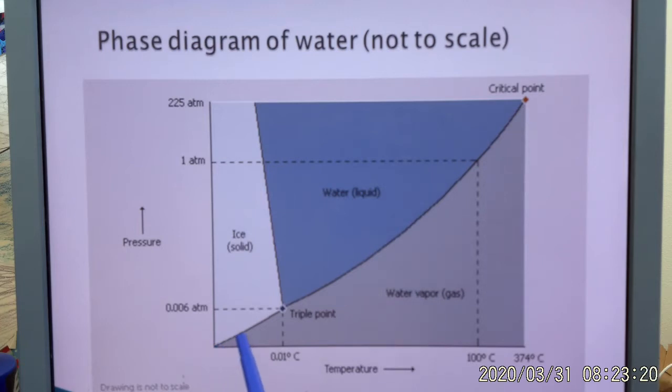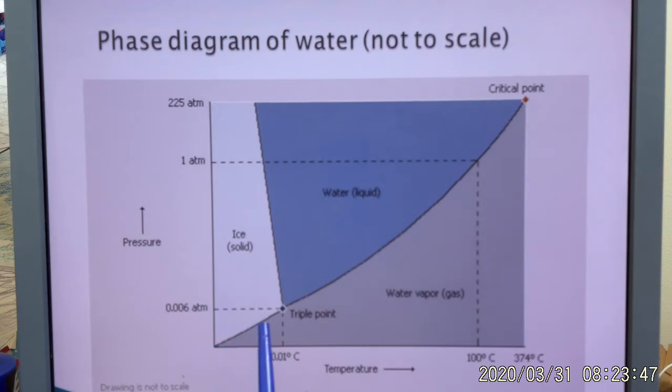So when we look at this line up here, this segment here, this is the solid, this is a gas. So going back and forth here, it's sublimation this way, deposition that way. This is the equilibrium line between a solid and a gas.